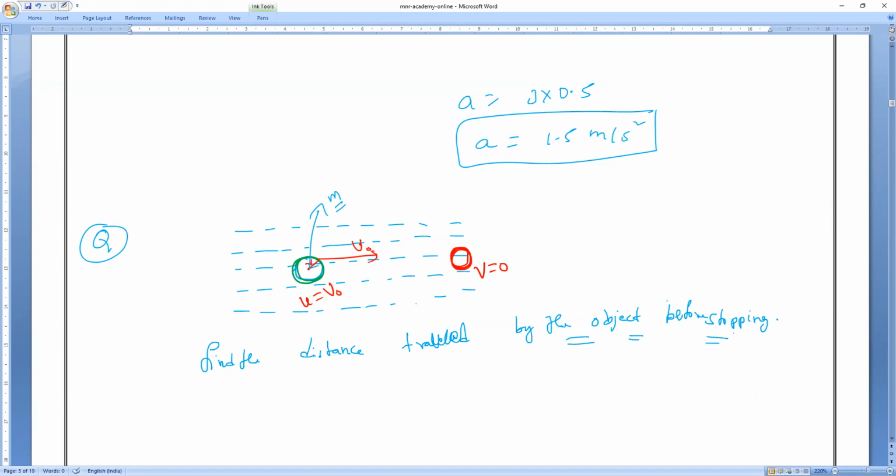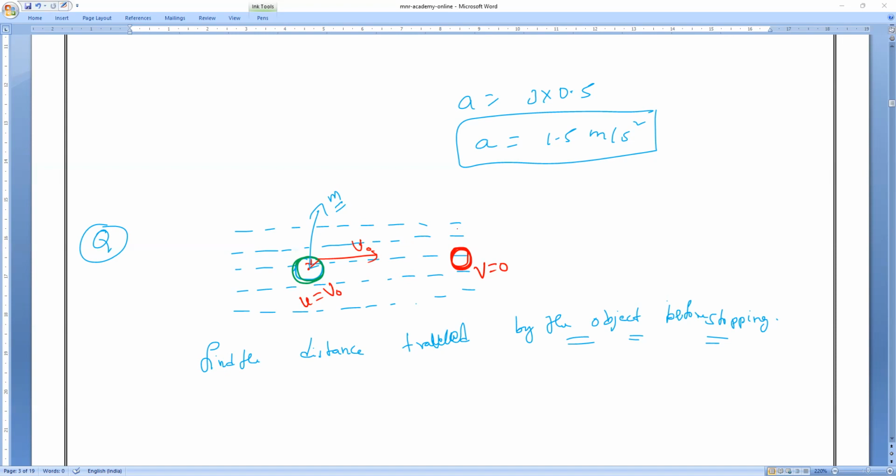To find the distance, first tell me: the object which is moving inside the fluid, is it constant acceleration, uniform motion or non-uniform motion? Uniform or non-uniform? Uniform, sir.